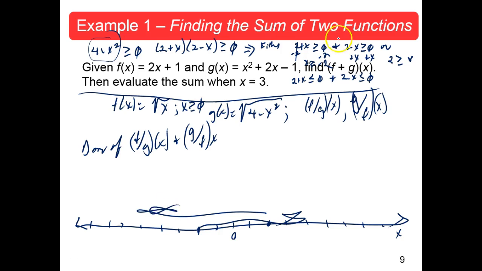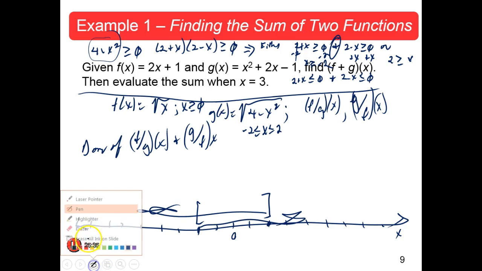But it has to be both, and so we start here and end there. So there's one possible domain: negative 2 less than or equal to x less than or equal to 2. Okay, let's do the next one.